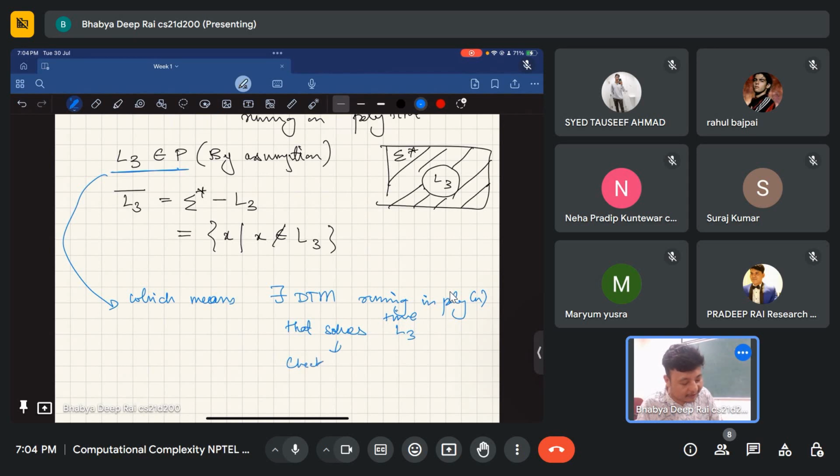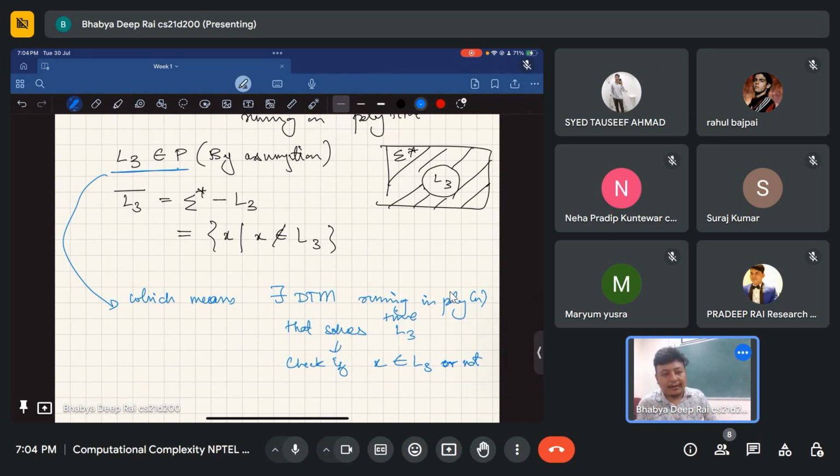It can check if X belongs to L3 or not. Given any string, it checks whether it belongs to the language L3 or not. By definition of L3 being in P, I have a polynomial time Turing machine to check whether a string belongs to L3 or not.